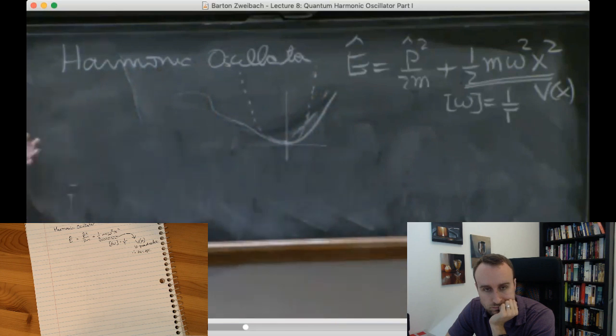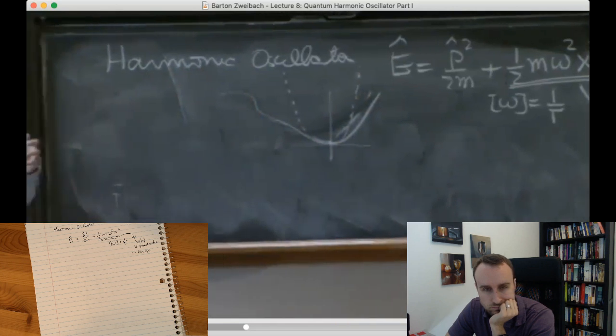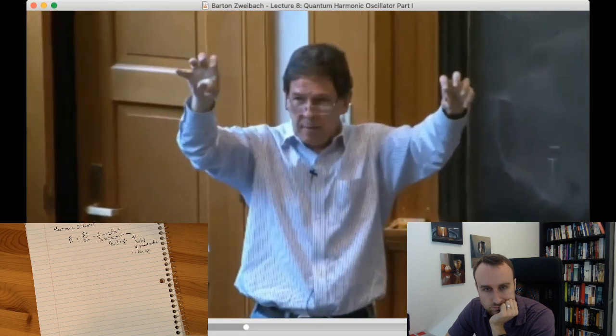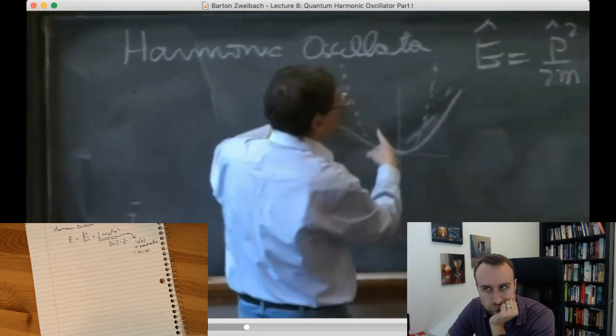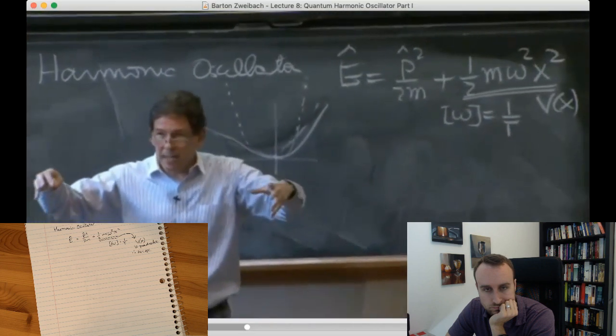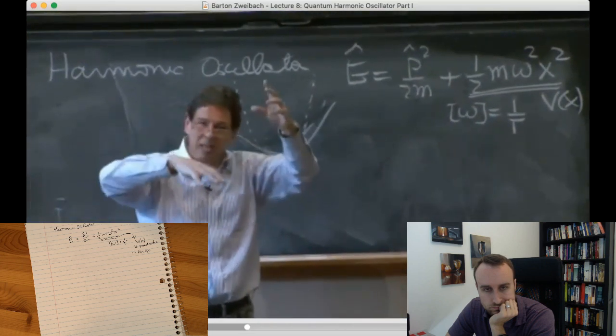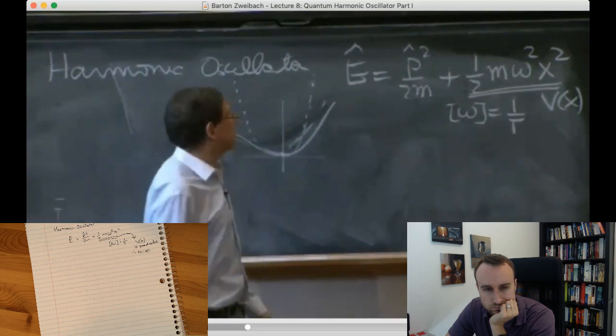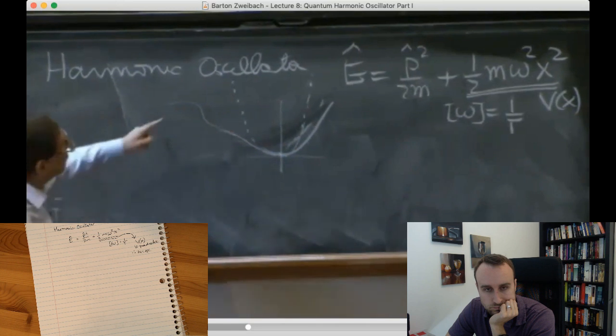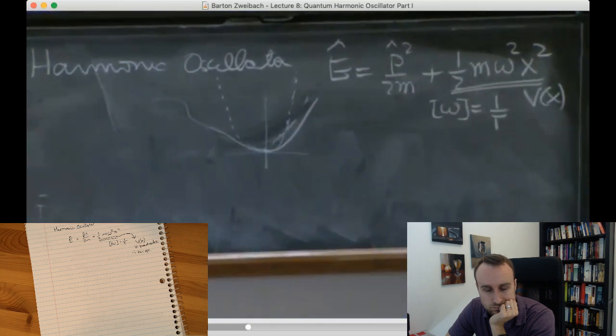So when you have 2 molecules with a bond oscillating, there's a potential that has a minimum at the equilibrium position, and the oscillations are governed by a harmonic oscillator. When you have photons traveling in space-time, there is a set of harmonic oscillators that correspond to photons. There are endless applications for the harmonic oscillator. So we really want to understand this system quantum mechanically.